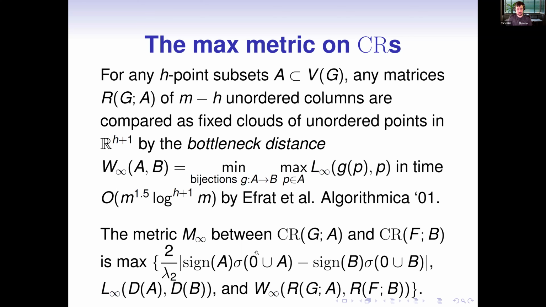Then the distance matrices will simply be computed as the L infinity metric. The hardest part is those two last matrices, where we had a distance from 2 points to all the other points. Between those two matrices, we compute the bottleneck distance.